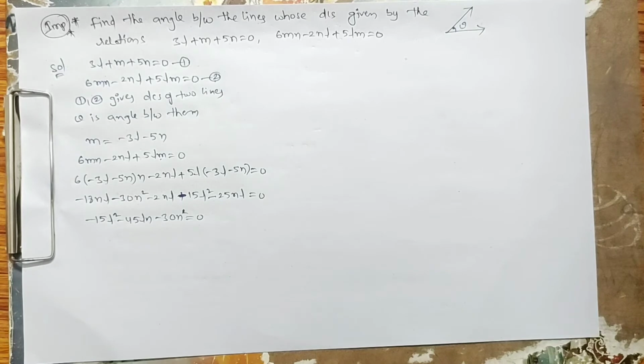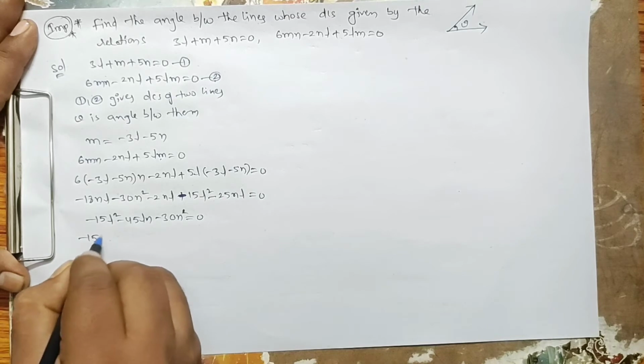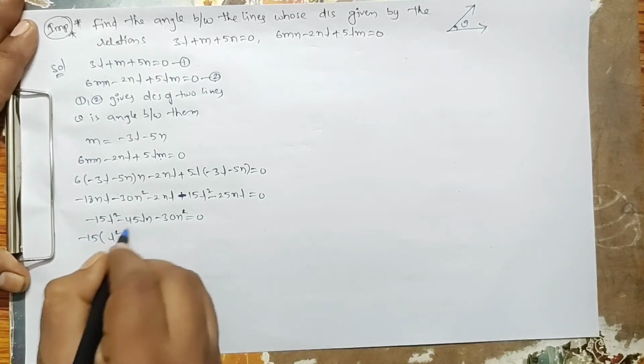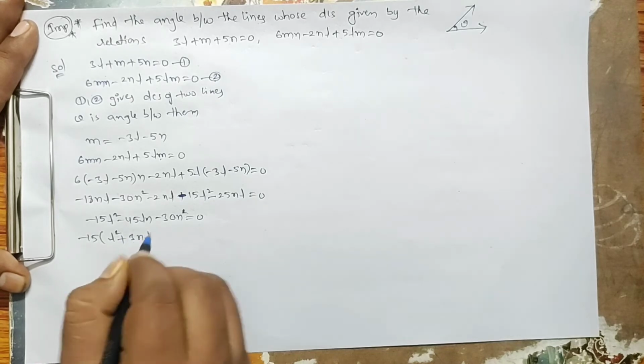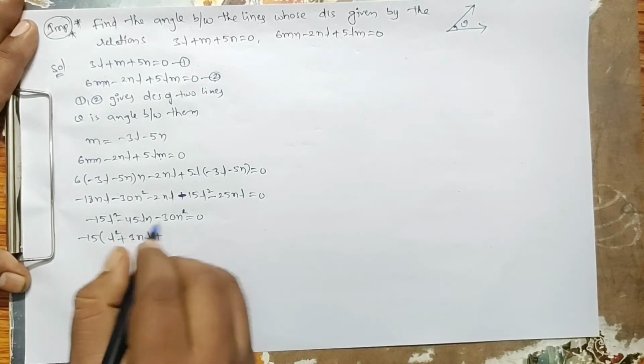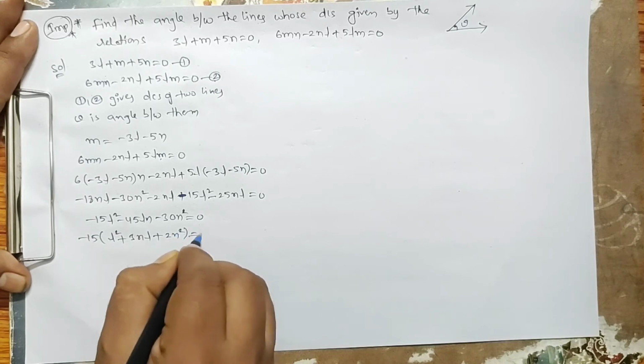From here take the common -15 outside: -15 of l square plus 3nl plus 2n square is equal to 0.